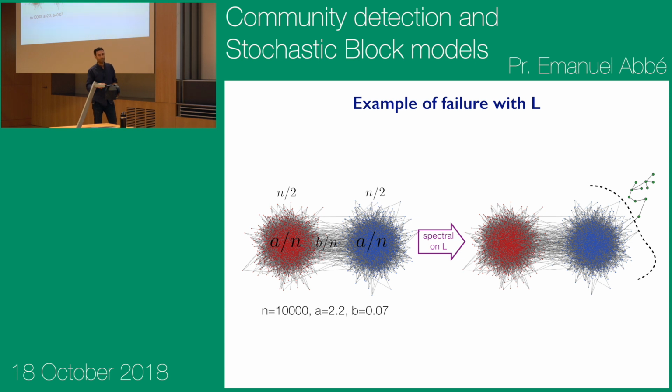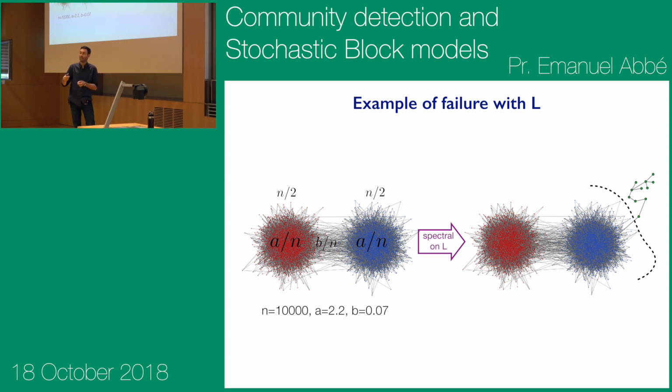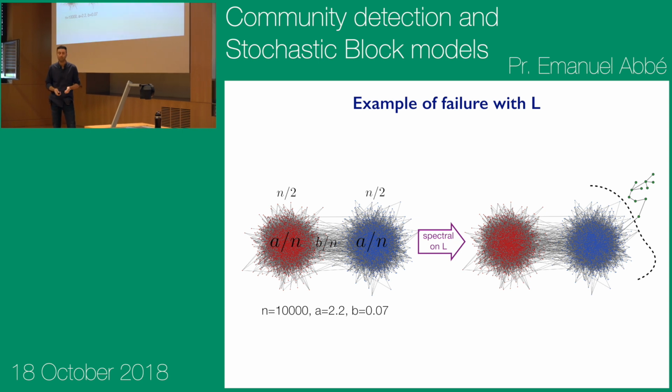And I put edges across, for any two vertices in different clusters, independently with probability b divided by n, where b is 0.07. So there are about 50 times more connections inside the clusters than across. So there are significant clusters in this graph.